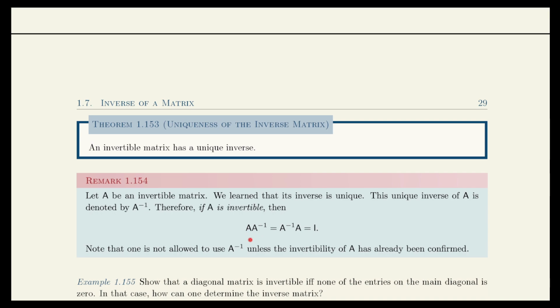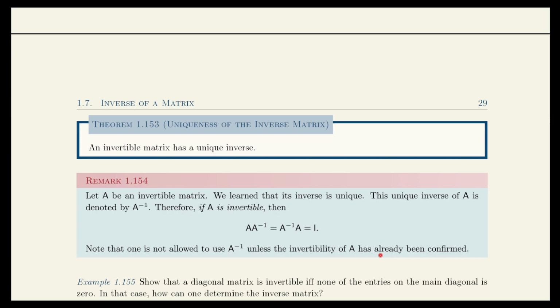If it is invertible, there is exactly one inverse, so I am allowed to give a symbol to refer to that idea, yes? Okay, so from now on, don't take this for granted. In order to be able to use this relation, first you need to convince yourself about the existence of A inverse. And in that case, this is true.